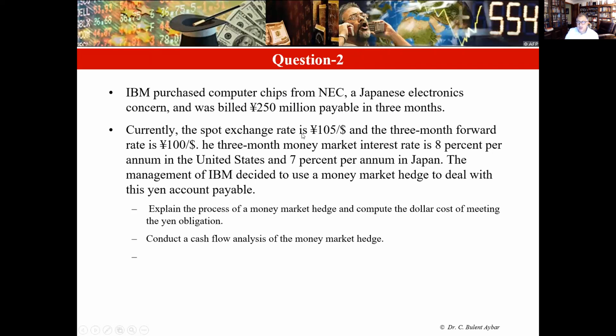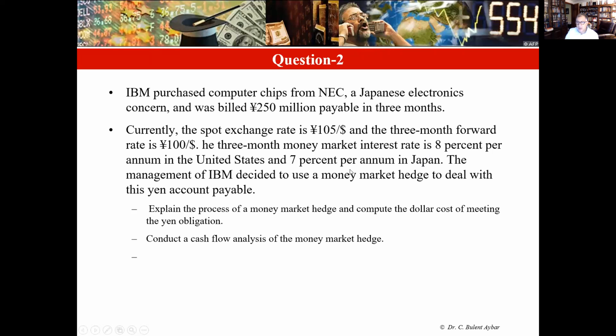Currently, the spot exchange rate is 105 yen per dollar, and the 3-month forward rate is 100 yen per US dollar. And also we have the 3-month money market interest rate as 8% per annum in the US and 7% in Japan.